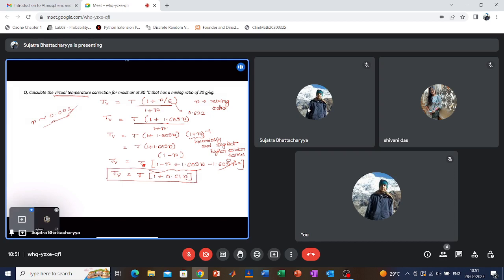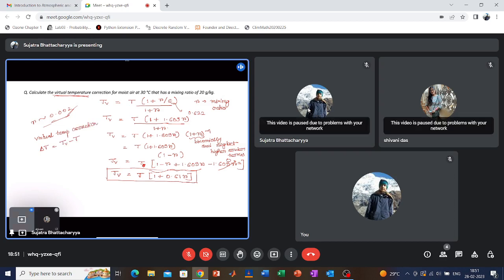Now you see the question that is being given here. Correction for the moist air. Okay, temperature correction. What is temperature correction? This virtual temperature correction is delta T, and that is equal to TV minus T. And TV minus T we can calculate from here.